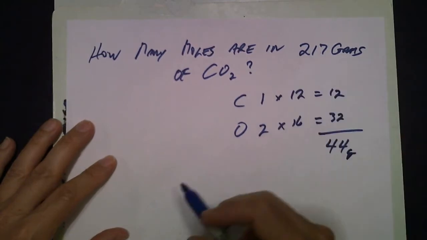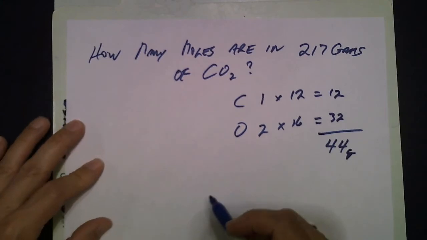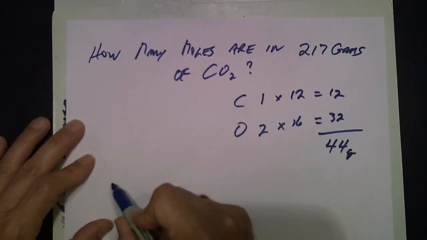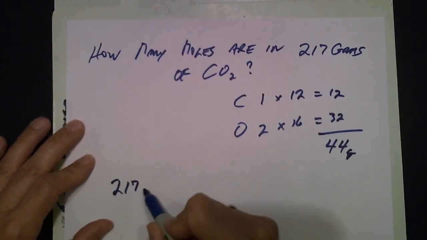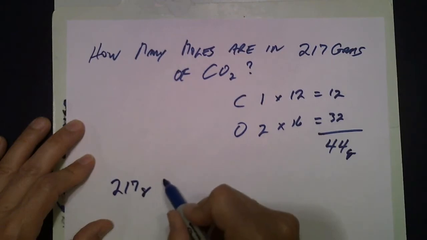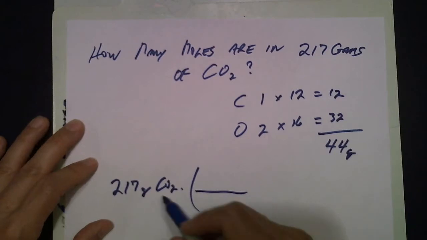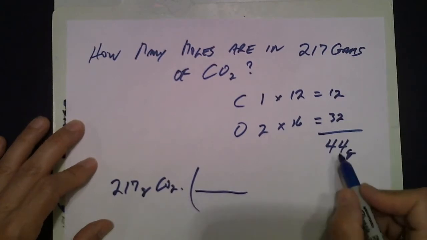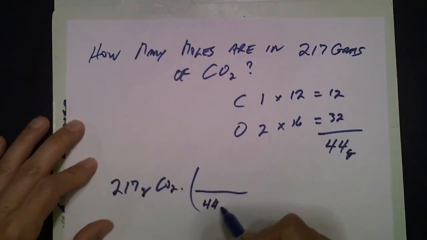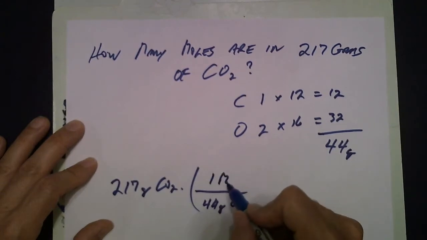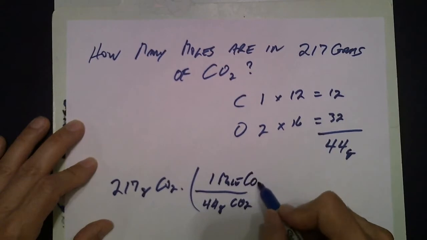Okay, we've got 217 grams. So this sets us up for just a classic unit conversion that we already know how to do. 217 grams of carbon dioxide, and our standard conversion is to multiply by 1, and I know that 44 grams of carbon dioxide are equal to 1 mole of carbon dioxide.